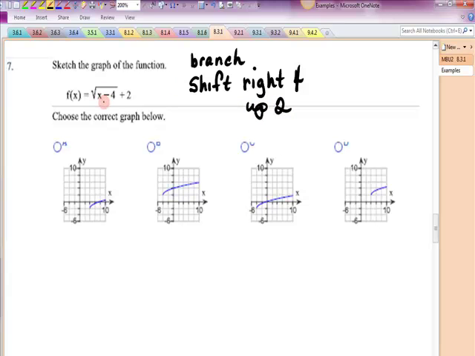Inside is left or right, opposite of what the sign says. Outside is up or down, but it is what the sign says. So I'm looking for a branch, and typically the branch has its lowest point at the origin, but that lowest point will be right 4 and up 2. And these are counting by 2, so up 2, 4, that's right 4, up 2, here it is.